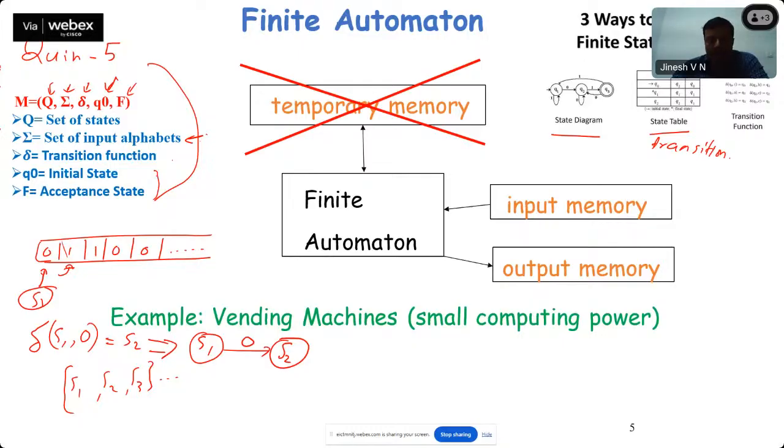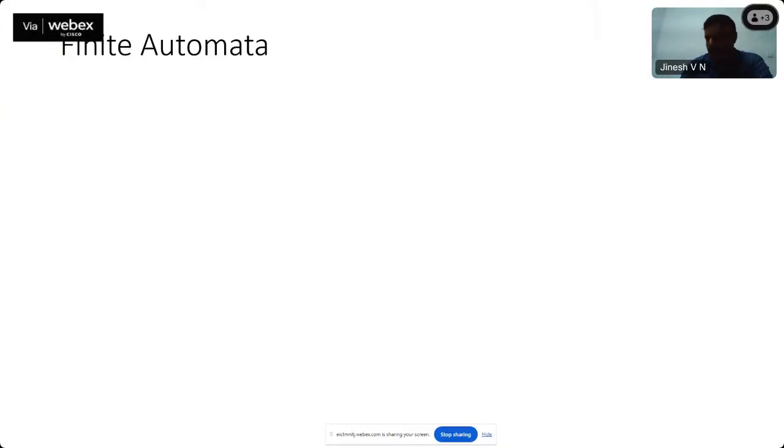So I'll take the same washing machine example. Initially, the washing machine power was not on, so that means it is in the sleeping mode. I just represent the sleeping mode as S. Then we are pressing the power button. Once power supply enters the system, it will become active.